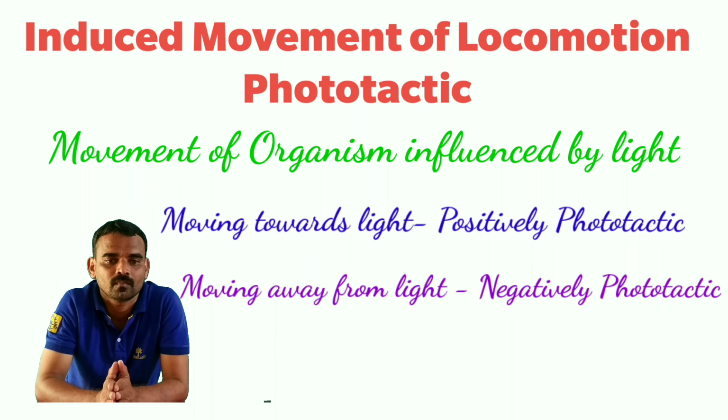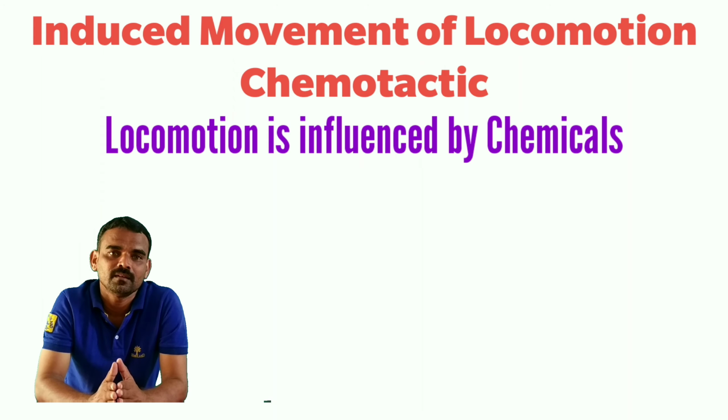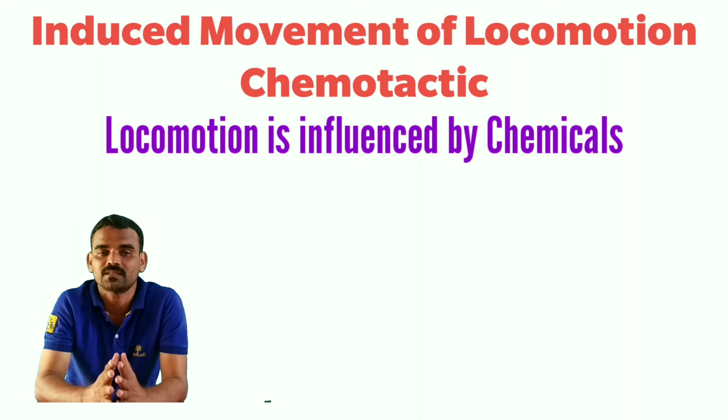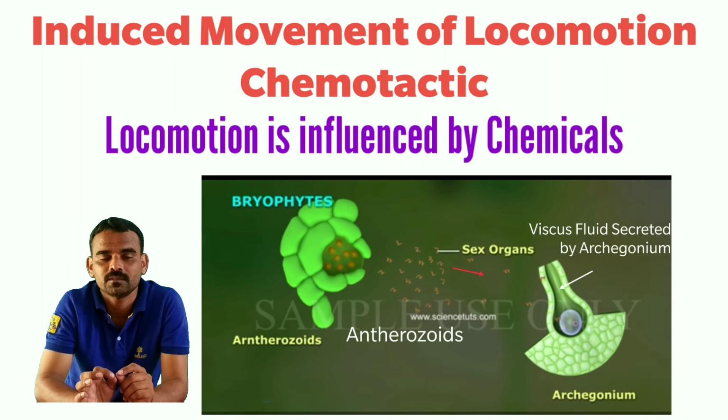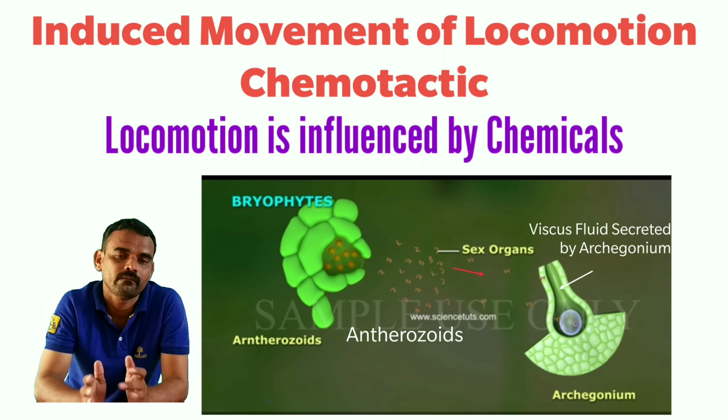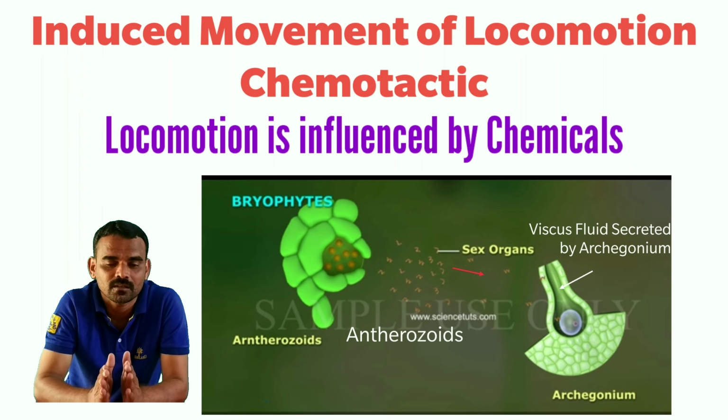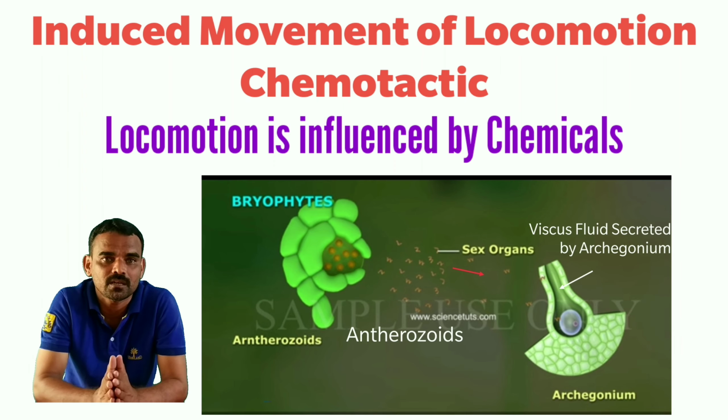Next is chemotactic. In chemotactic movement, the plant cell moves according to chemicals. The best example of chemotactic movement is the movement of antherozoids in bryophytes, where archegonia secrete certain viscous secretions which contain chemicals that attract antherozoids towards the archegonia.